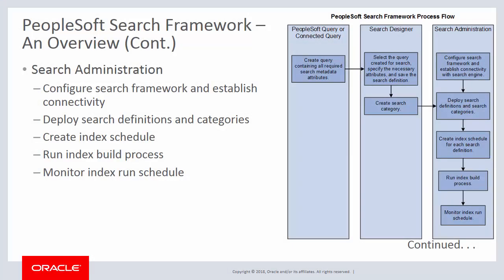The next step is to establish connectivity between PeopleSoft Search Framework and search engine, and in this case, it is the Elasticsearch search engine. A search instance establishes connectivity between Search Framework and search engine. In this presentation, we presume that you've installed Elasticsearch.